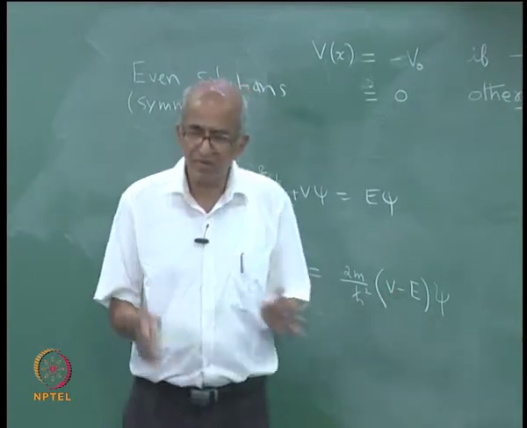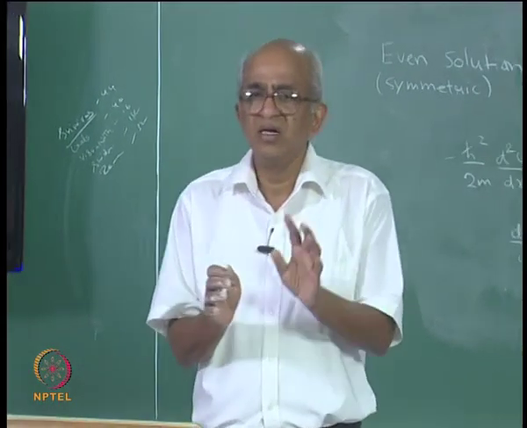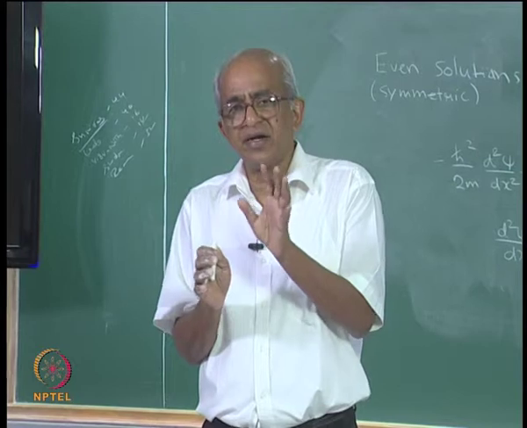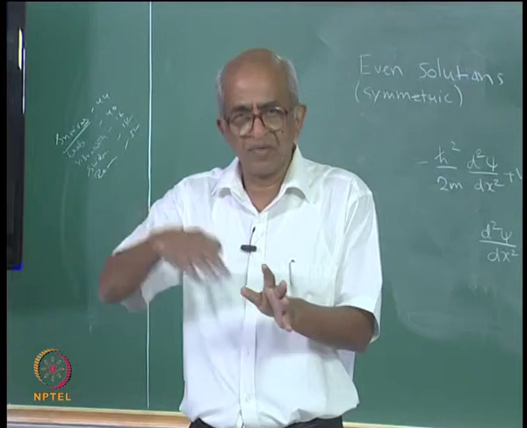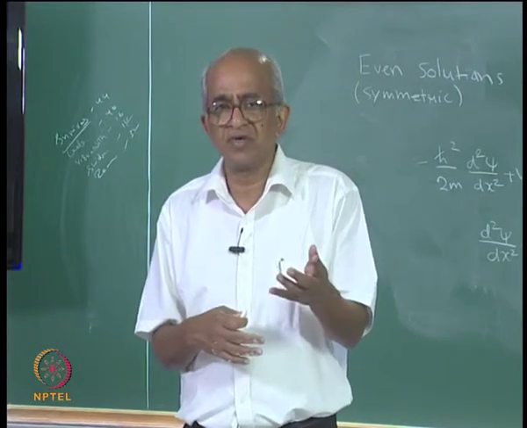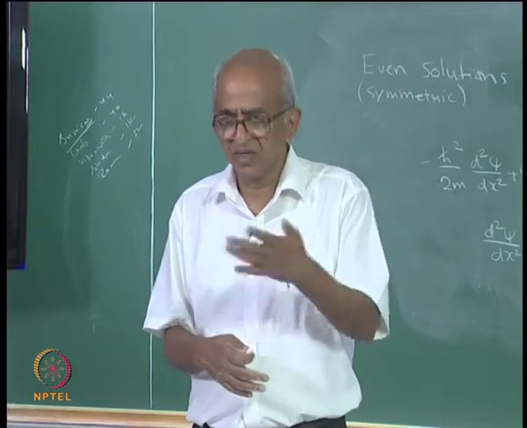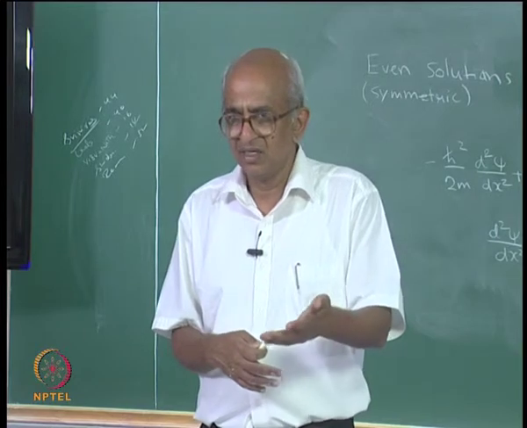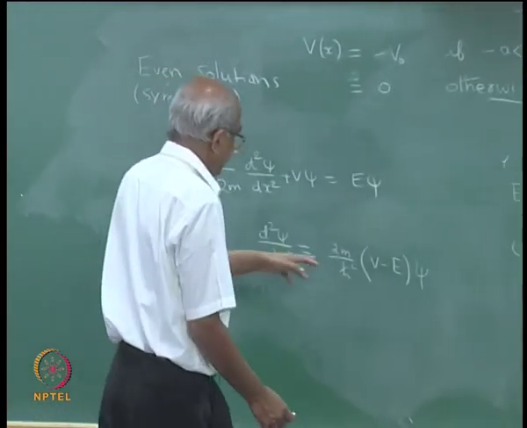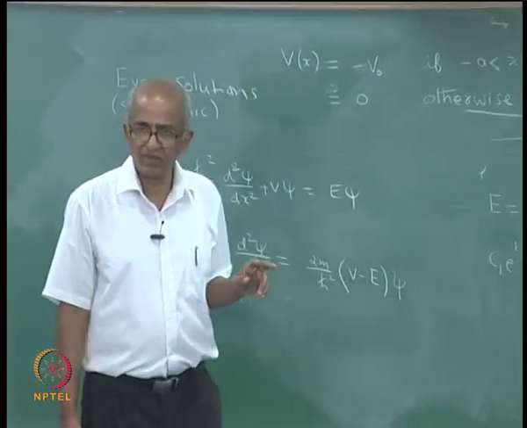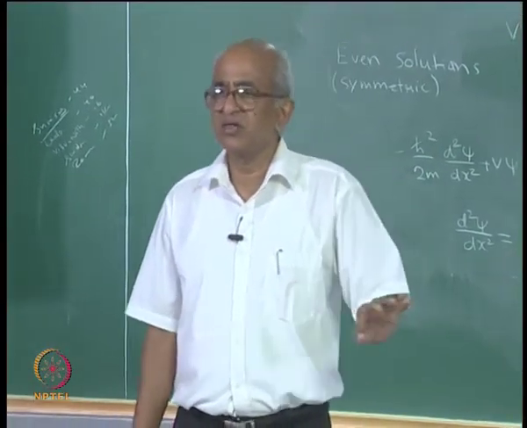So, by looking at the Schrodinger equation itself, I can say that even if the potential changes discontinuously, what will happen to the wave function? The wave function will not change discontinuously. This argument can be made rigorous and mathematical. So, the conclusion is that even if you had a discontinuity in V, the wave function will not change discontinuously.